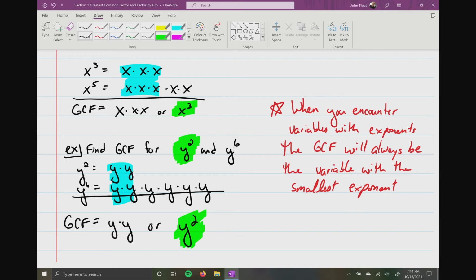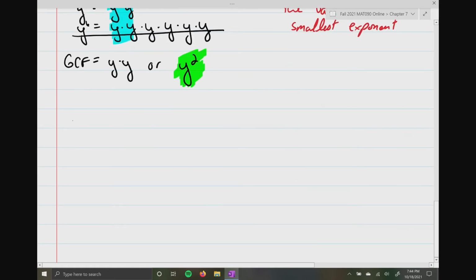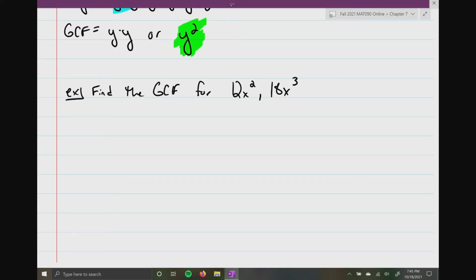So now what I'm going to do is I'm going to marry these two. And what do I mean by that? Well, here we go. This is what I'm talking about. Let's find the GCF for 12x squared, comma, 18x to the third. So notice here I have numbers and variables, but it's easy because, and I'm going to write this in blue.